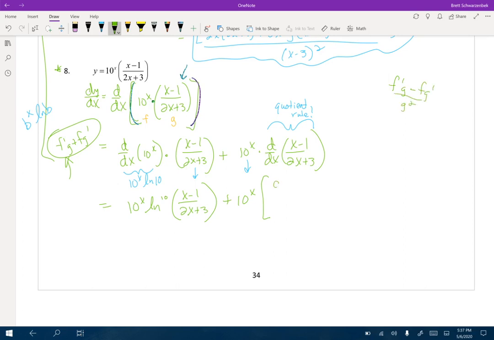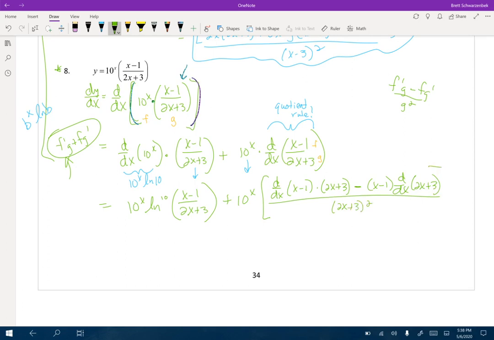So again, this is f and this is g, right? So we're going to get the derivative of x - 1 times 2x + 3, minus x - 1 times the derivative of 2x + 3, all over (2x + 3) squared.